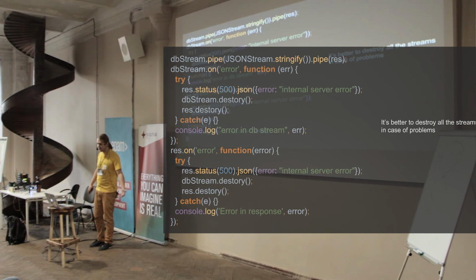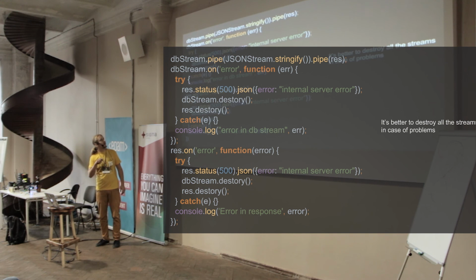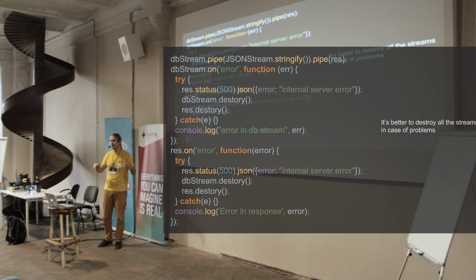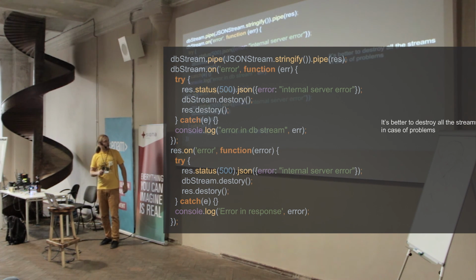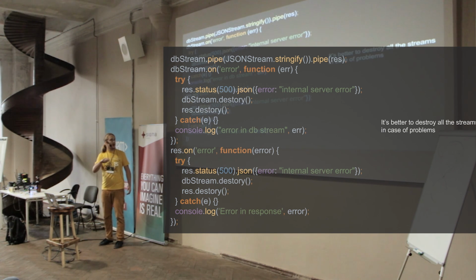So what we should do is manually destroy this DB stream, and we should also destroy the response stream. After we send some data or interrupt our request, we should just destroy it and not try to send anything else. Here I put this send status 500 in a try-catch, just because we don't know if our data was sent, if our request is completed or not, actually if we can set headers again or we cannot.